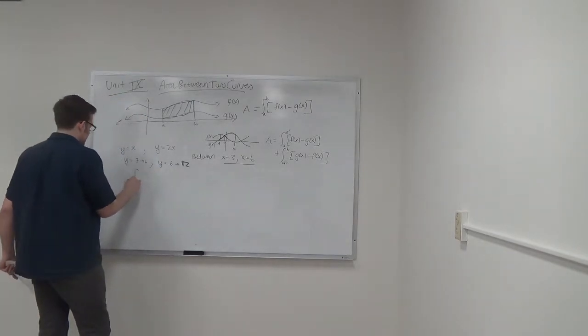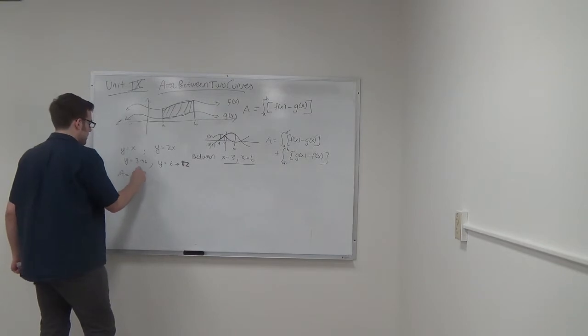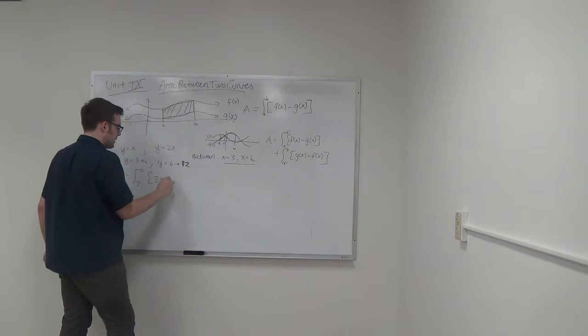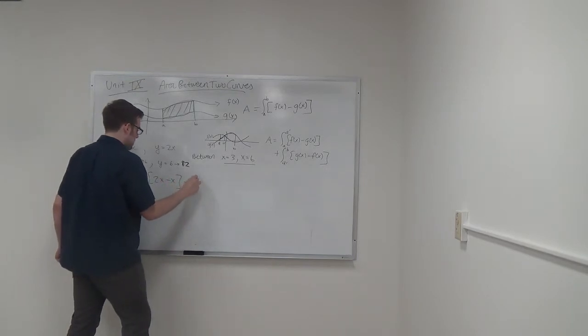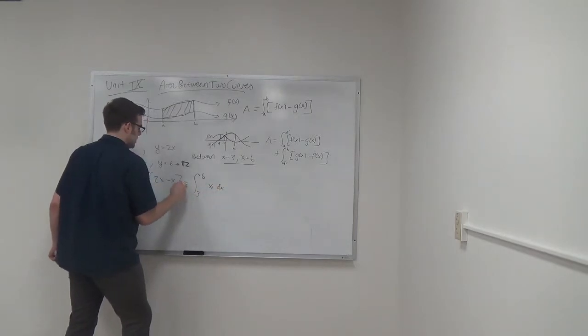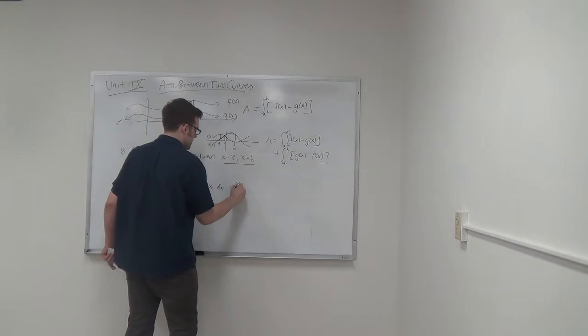So here we just have to do one simple integral, 3 to 6 of 2x minus x is equal to the integral of 3 to 6 of x dx. Let's not forget the dx. The integral of x is equal to x squared over 2.